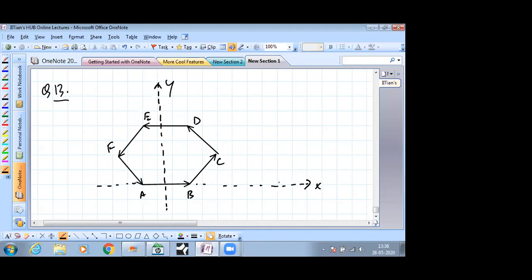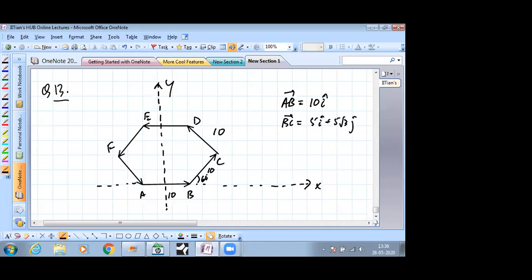So in that case, since they are of side length 10 each, you can write the vector AB as just 10 i cap, but the vector BC will be such that this angle is 60 degrees. So it will become 5 i cap plus 5 root 3 j cap.